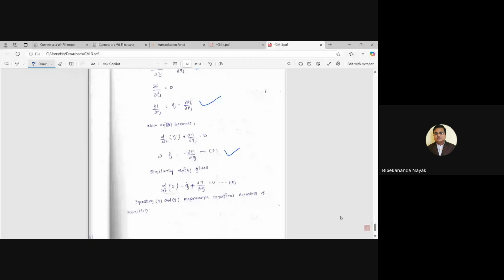These are the canonical equations: qj dot is equal to del H by del pj, and pj dot is equal to minus del H by del qj.